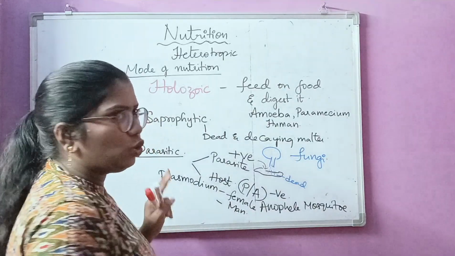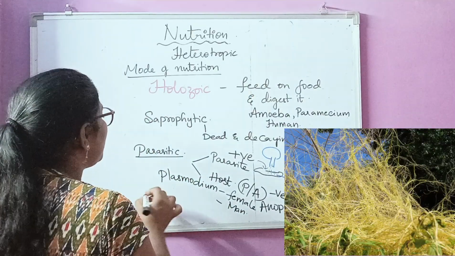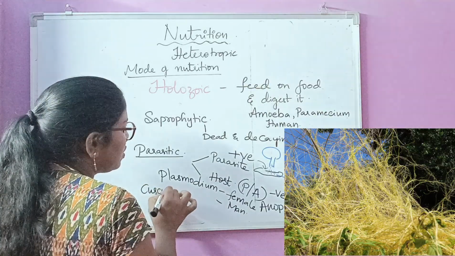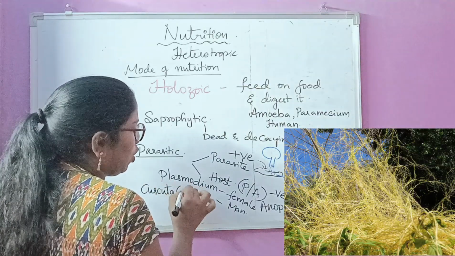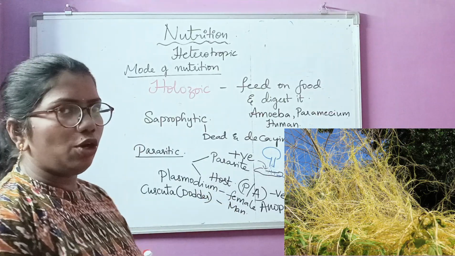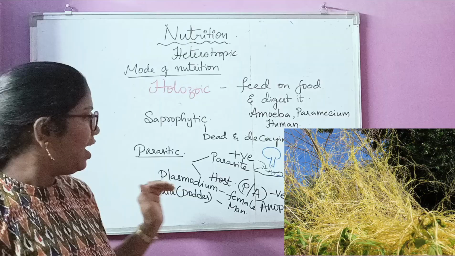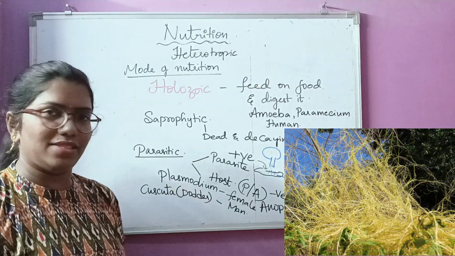So it requires two hosts to continue its life cycle. One more example, in plants, is commonly Cuscuta, dodder. It does not have any leaves, so it cannot perform photosynthesis. So it attacks other plants and takes nourishment from those plants.